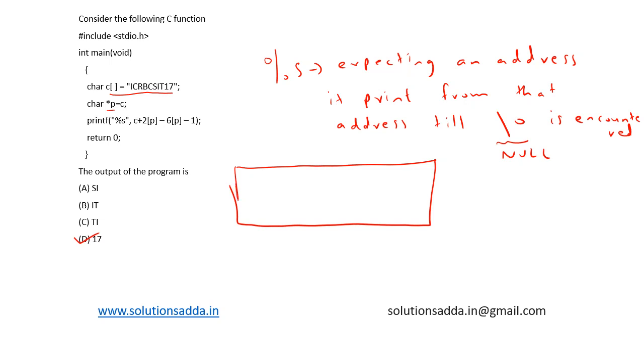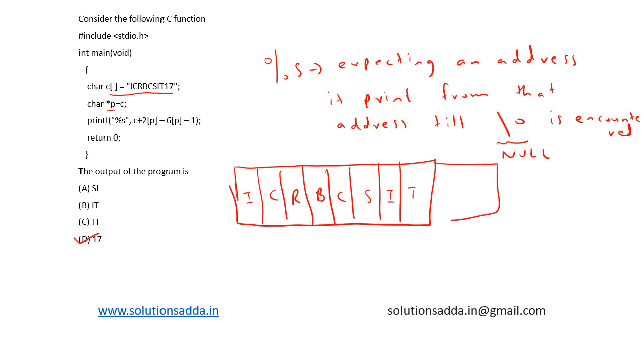This is the array: I, C, R, B, C, S, I, T, 1, 7 and null. The indexes are 0, 1, 2, 3, 4, 5, 6, 7, 8, 9, 10. Suppose the starting address is 100.